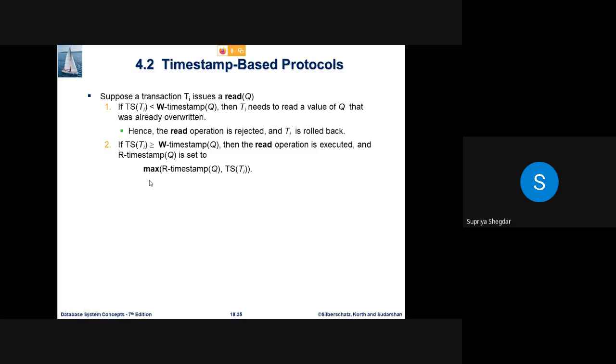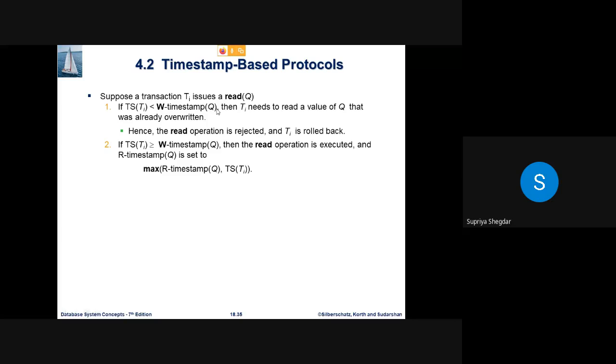Simply, there are two cases for the read operation. The first case is that if the transaction's timestamp is less than the write timestamp, then there is no use of the read operation, because the transaction would read the old value, so we roll back that transaction.